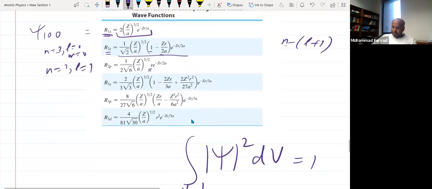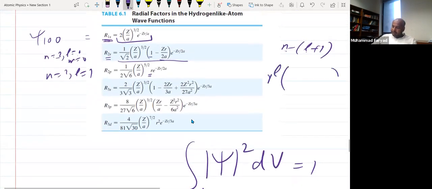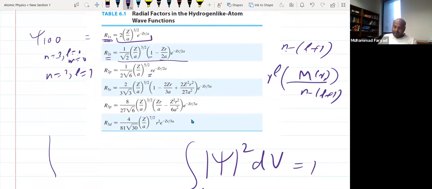So we have something like this: r^l times a polynomial of degree n minus l minus 1. If we want to find the zeros of this function, for example, if I want to plot R as a function of r and see where it crosses the zero axis, I don't have to worry about this factor, because it will always give me zeros at the origin.